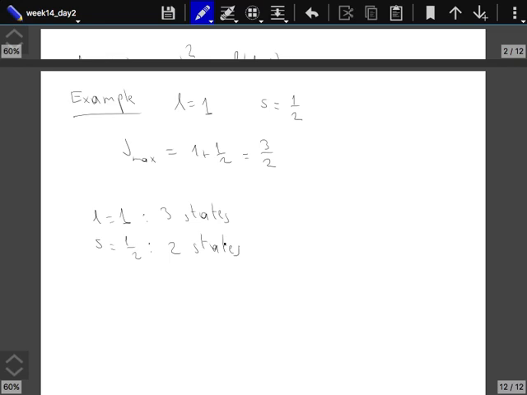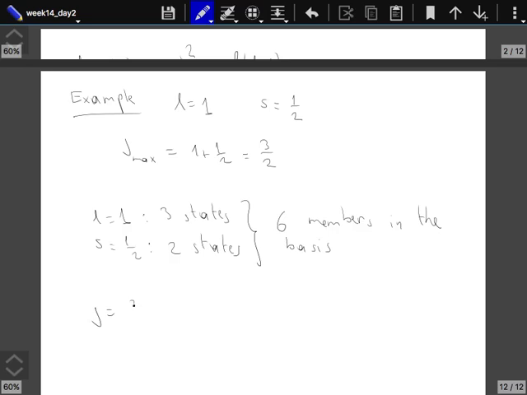Just take one possible angular momentum state, one possible spin state, their combination gives you a viable state. So in total you get 6 members in the basis, 3 times 2.